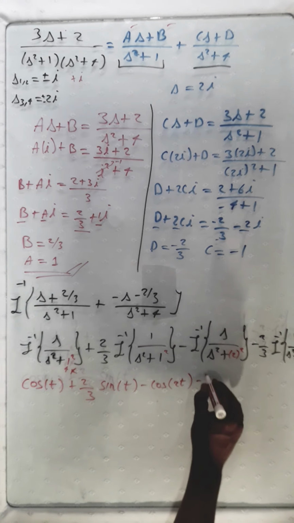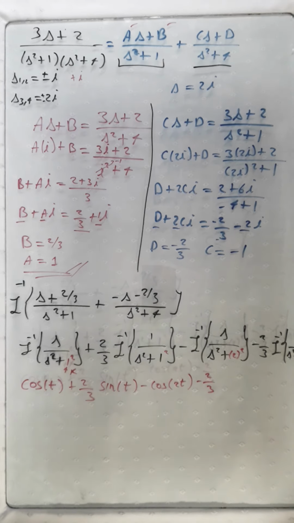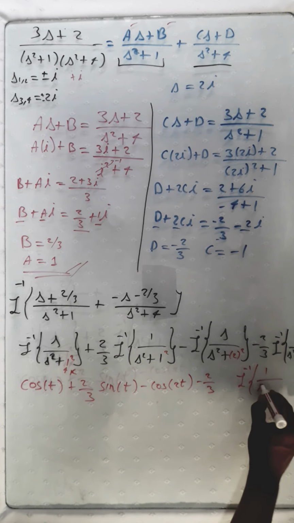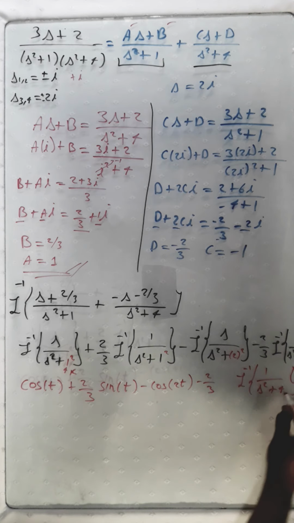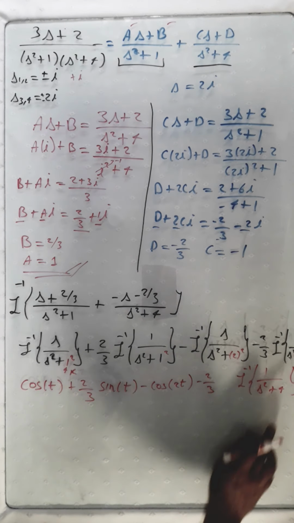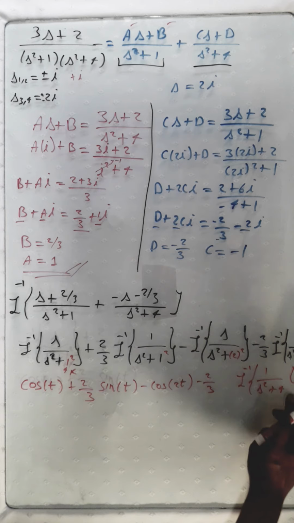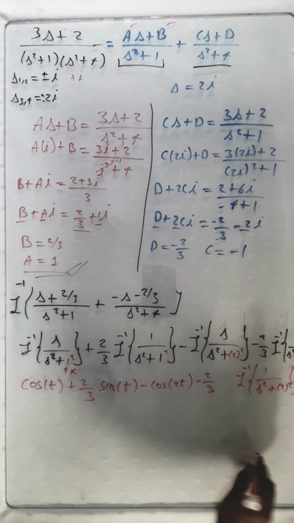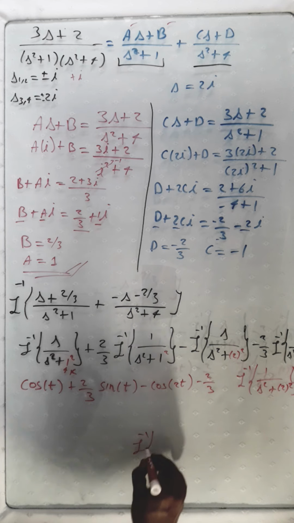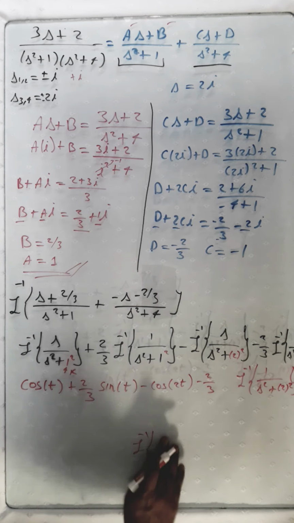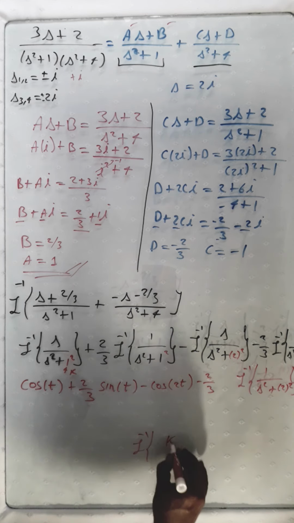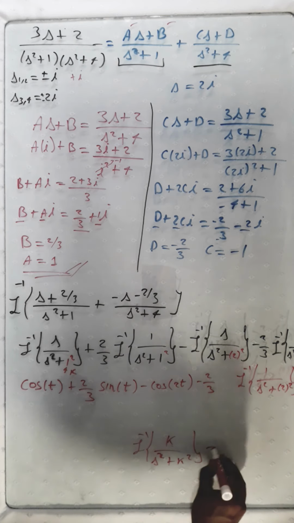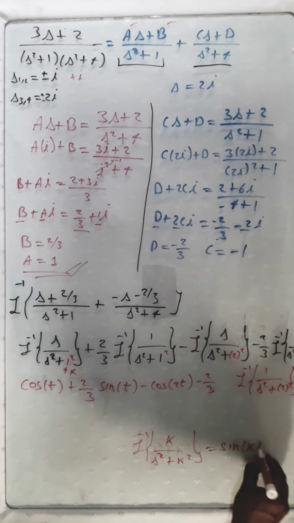And finally, minus 2 over 3, be careful here, is the Laplace inverse of 1 over s squared plus 4. It is actually the sine, but you have to complete the formula. Because this is 4, you have 2 squared, and the formula says that the Laplace inverse of k over s squared plus k squared is equal to the sine of kt.